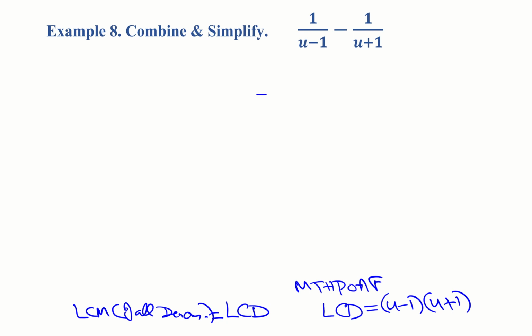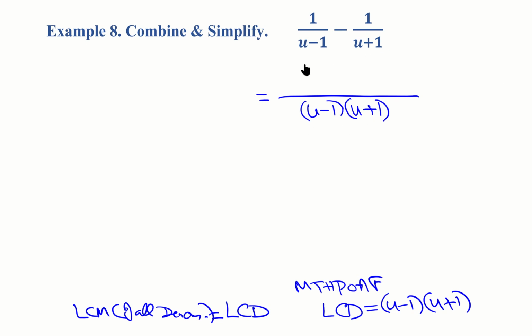All right, so let's write our LCD here, u minus 1 times u plus 1. And let's go ahead and make both of those denominators turn into this. Let's do what is needed so that these turn into this, right?